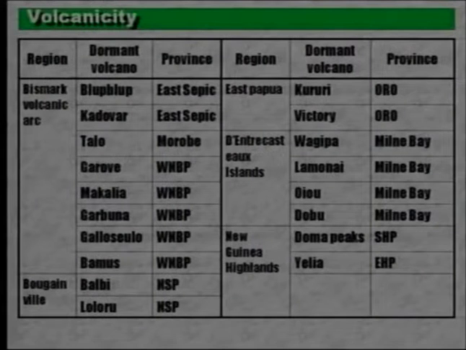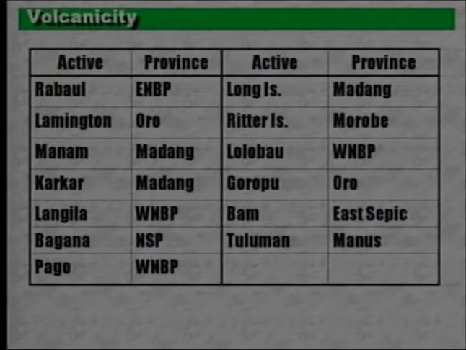Then we look at the active volcanoes in Papua New Guinea. Rabaul, that's East New Britain. Lamington, Oro. Manam, Karkar in Madang. Langila, West New Britain. Bagana in the North Solomons province. Pago, West New Britain.